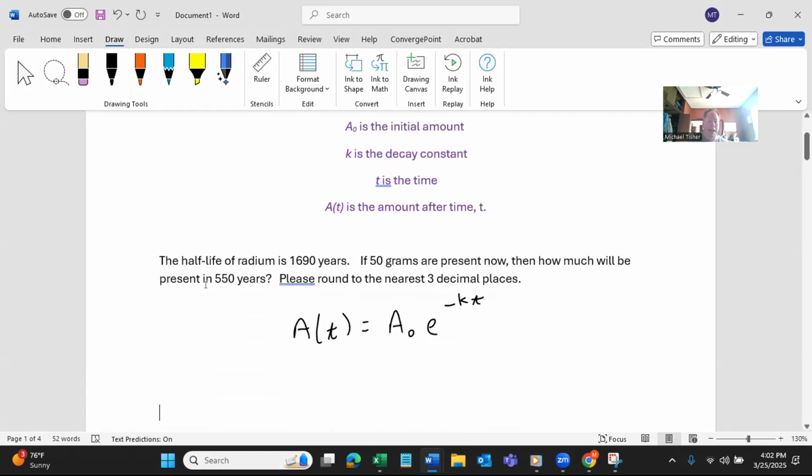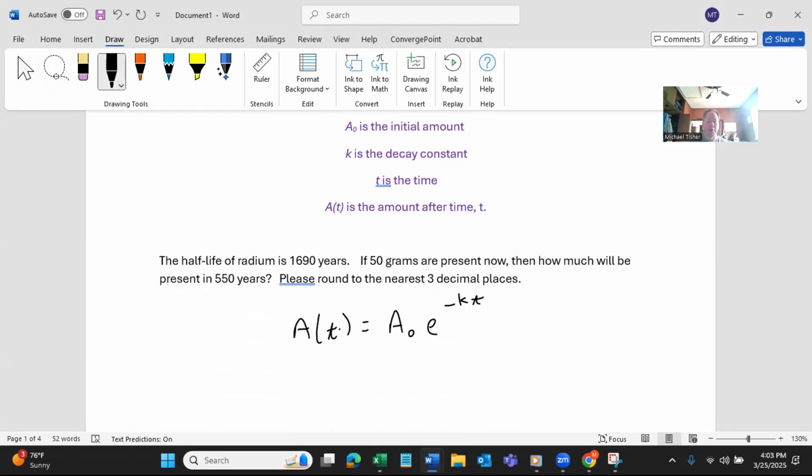Now we're dealing with the half-life. Half-life is the time it takes for the original substance to decrease to one half of that original substance.